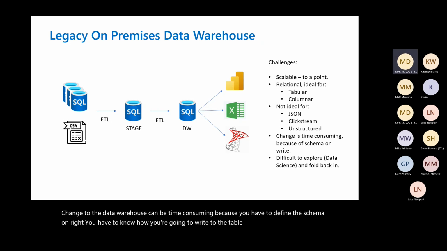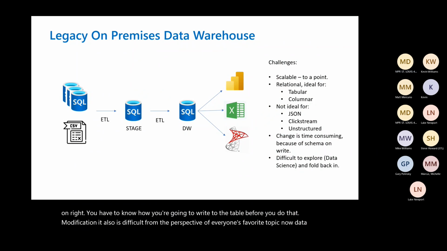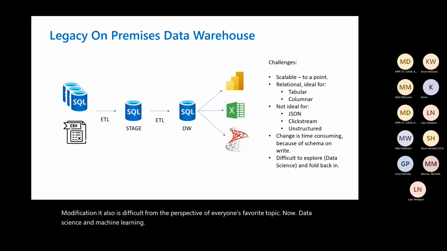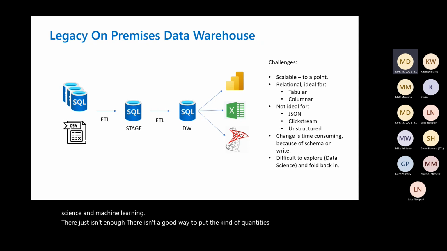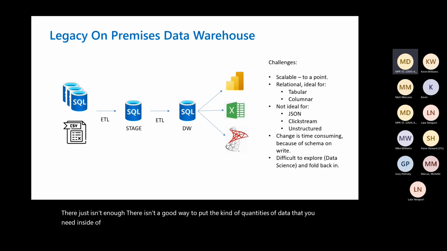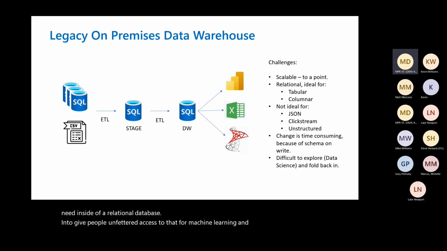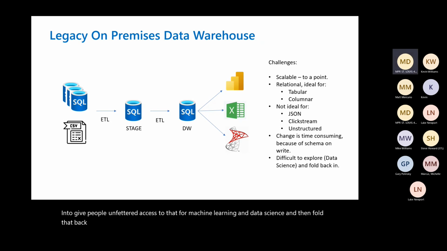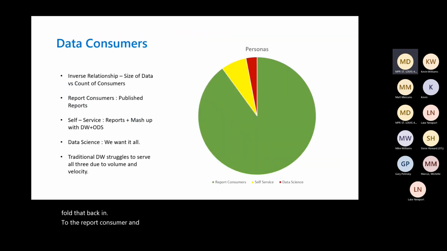It's also difficult from the perspective of everyone's favorite topic now, data science and machine learning. There isn't a good way to put the quantities of data that you need inside of a relational database, give people unfettered access to that for machine learning and data science, and then pull that back in for the consumer and the self-service user.